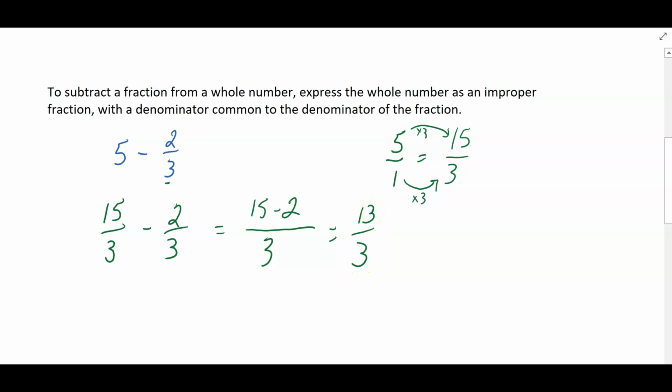Or what is the closest multiple of 3 to 13, but not going over? So 12 is the closest multiple. 3 times 4 is 12. So this is equal to 4 wholes. That's 12 thirds. And 1 more third to get the mixed fraction.